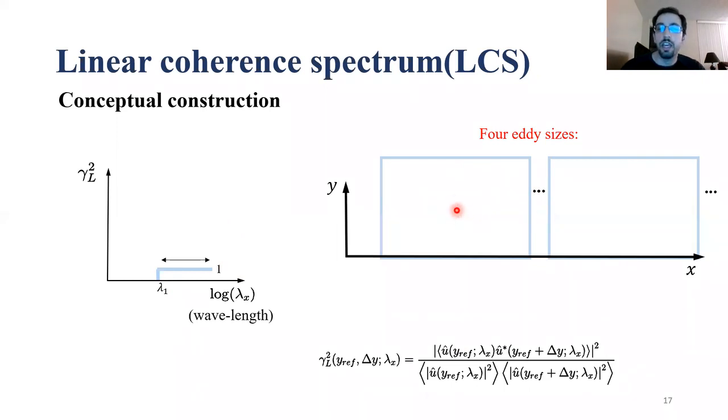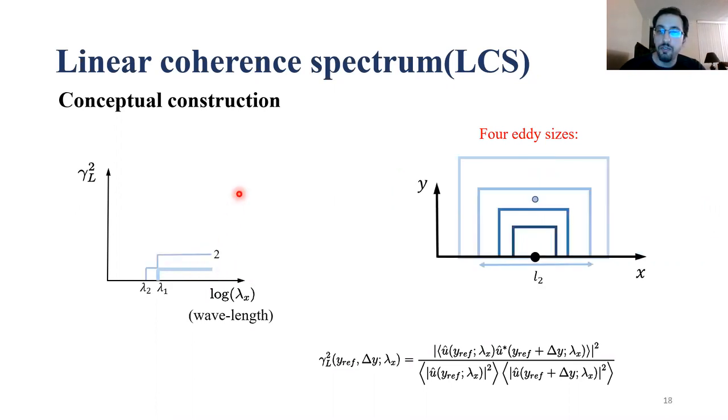Effectively a very long structure is made by repetition of these eddy structures in the streamwise direction, and as a result, we have non-zero coherence up to very large wavelengths.